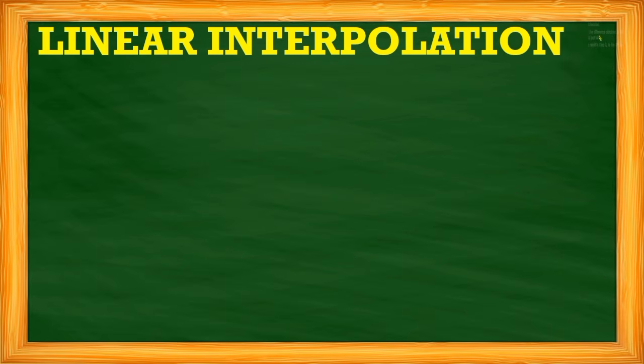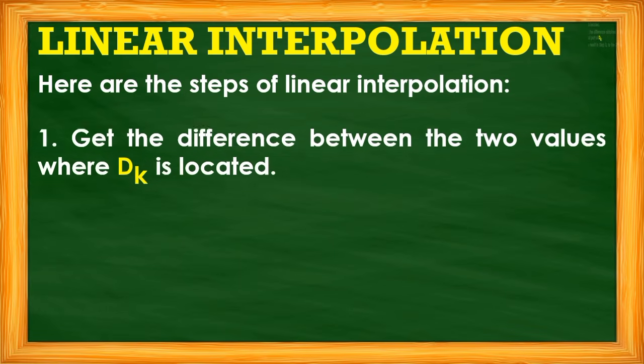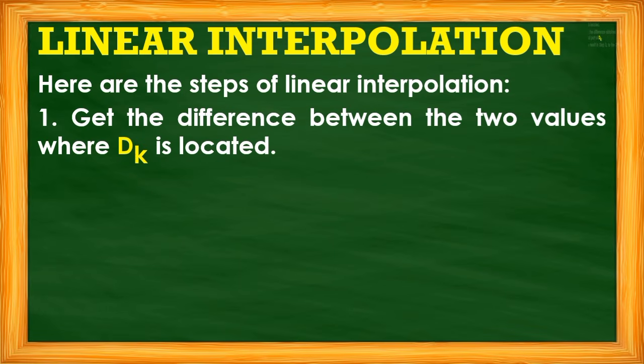Next, here are the steps of linear interpolation. The way we processed the steps for quartiles using linear interpolation is the same here. The first step: get the difference between the two values where D sub k is located. It is no longer Q sub k, it is D sub k, because these are deciles.